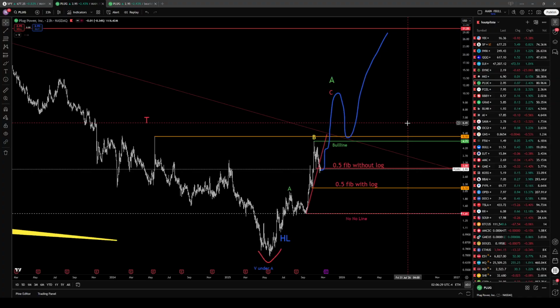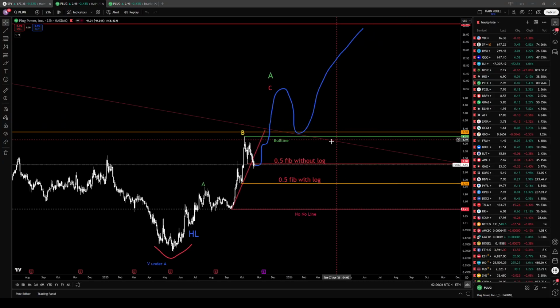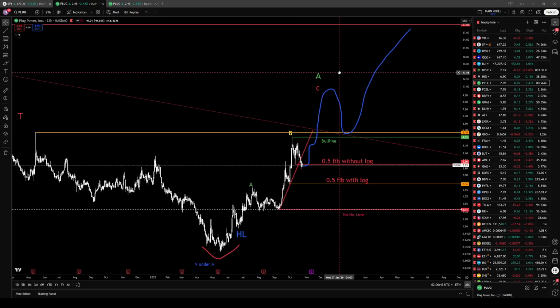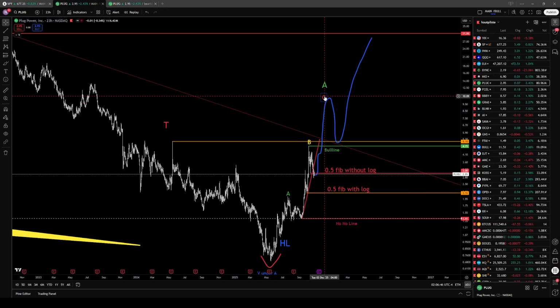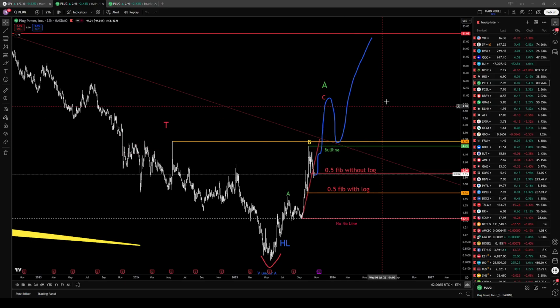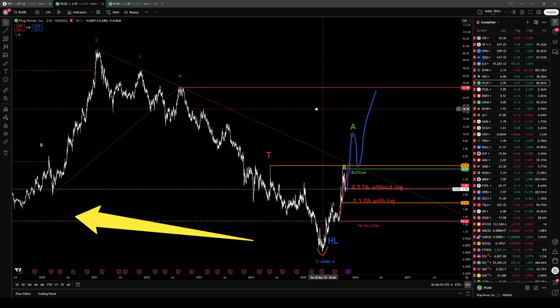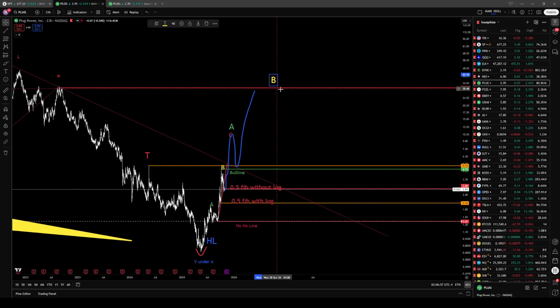So for the bullish version, the 0.5 with log is in, and we bounce here. We're breaking 470, go to our big A, which would be also our small C. Reject here, making a little pullback, most likely a breakout retest on this trend line. And our next target would be B at $31.